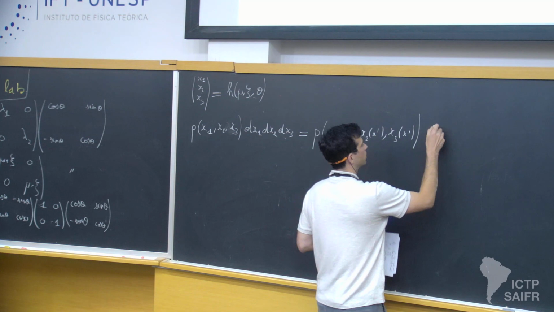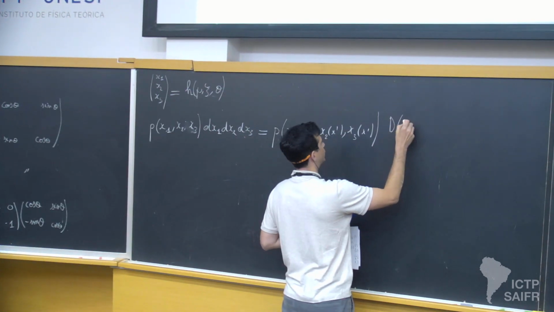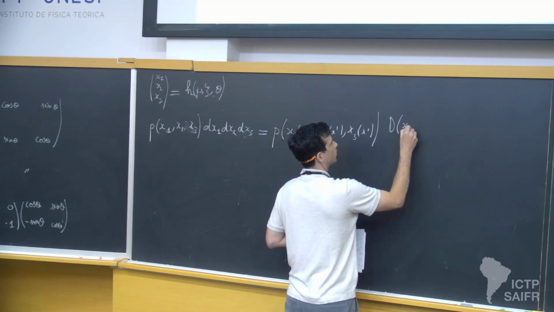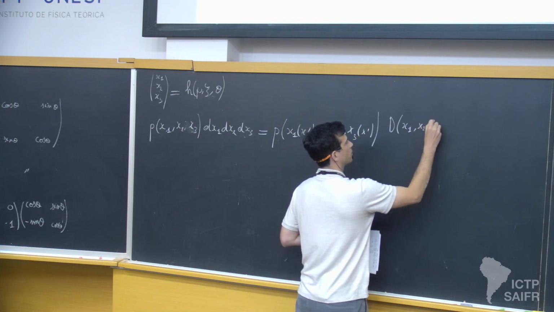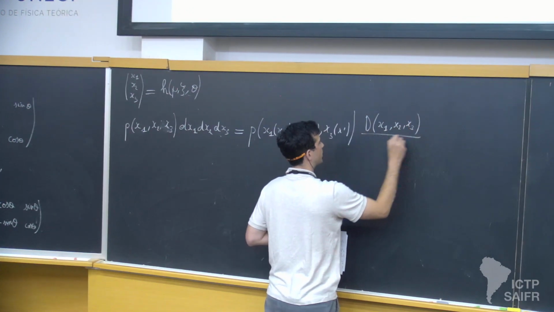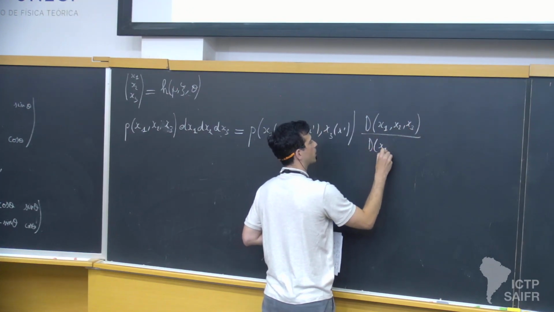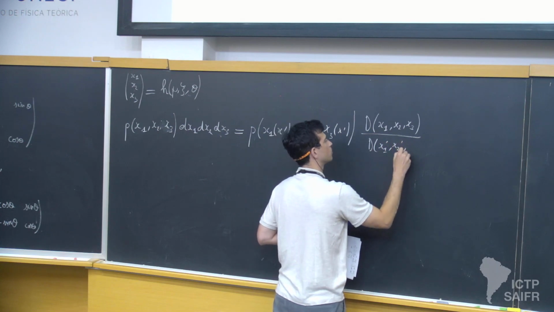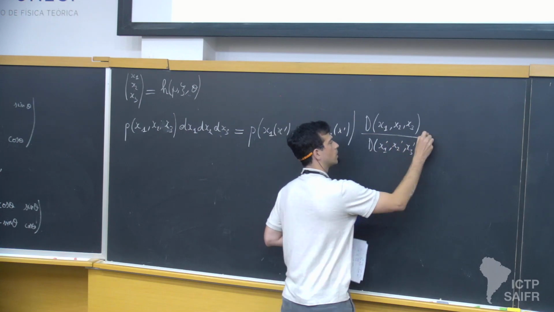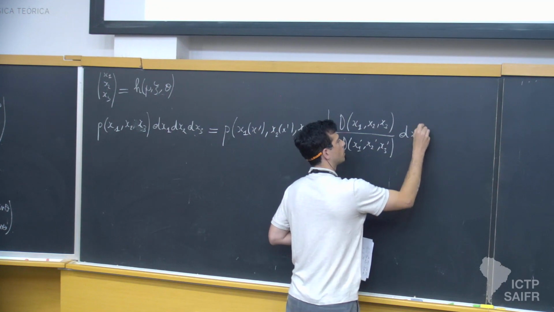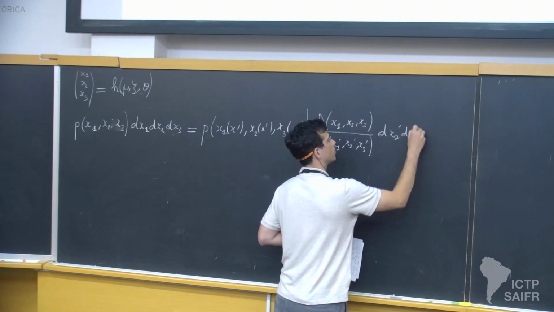And then here, I need to take some sort of derivatives of the old variables with respect to the new variables. And then I will have the differentials for the new variables.